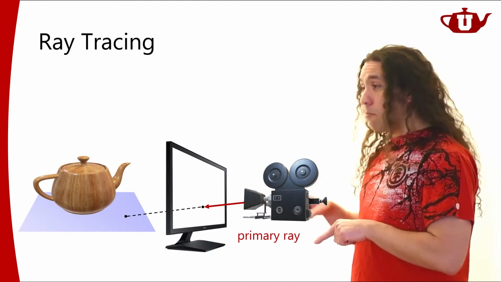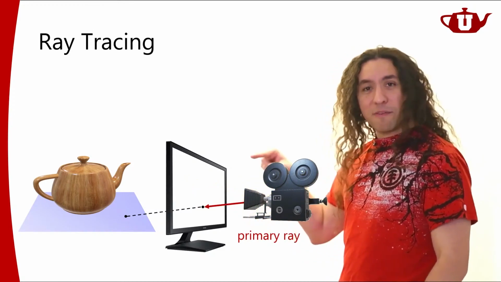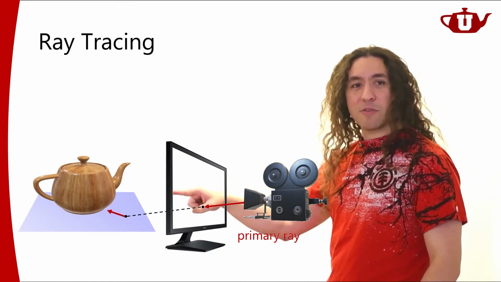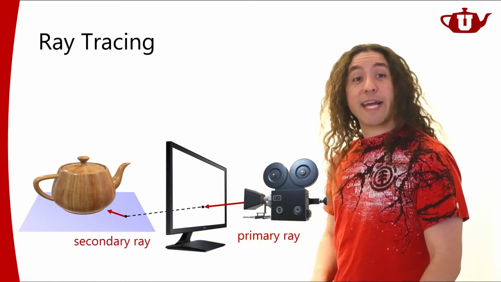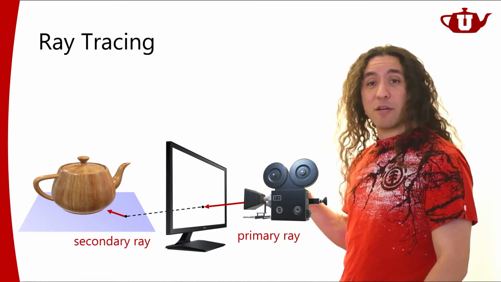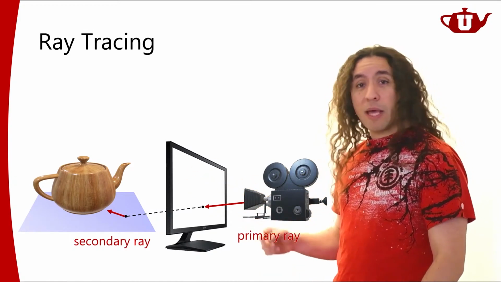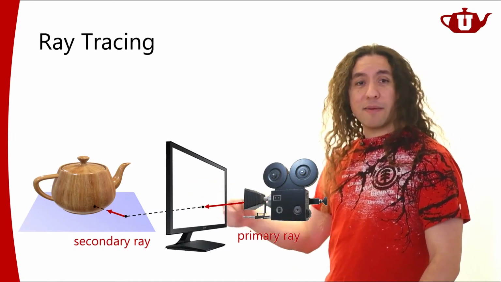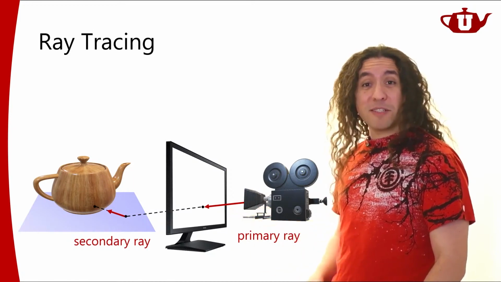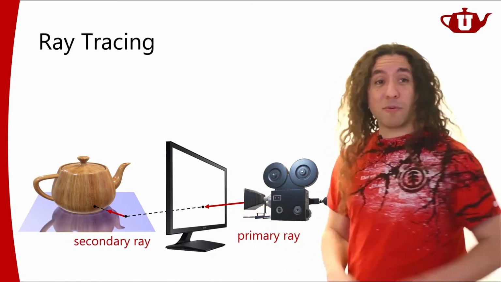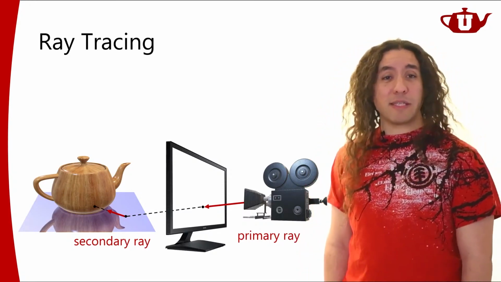I can find out by reflecting this ray on that surface, right? So I reflect that ray where it hits that surface, and then I continue tracing. And this is what we call a secondary ray. So the primary ray is generated from the camera, a secondary ray is generated on the surface. And by tracing that secondary ray and finding that point, I can actually render images that contain proper reflections like this. And that's very, very easy to handle in ray tracing.